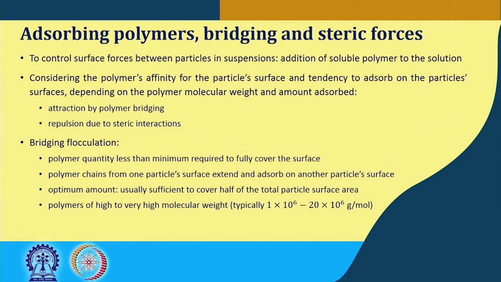How that happens is that the polymer's affinity to the particle's surface and its tendency to be adsorbed on the particle surface create this kind of forces. Depending on the amount of polymer being adsorbed and its molecular weight, we can have attraction or repulsion.